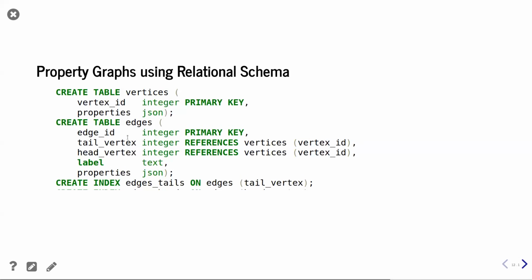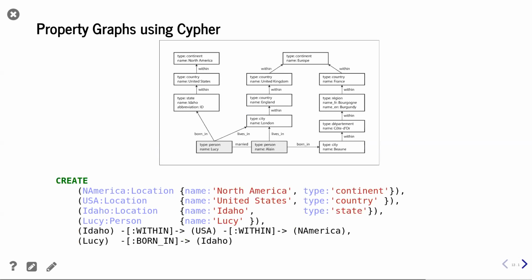So this is if we want to use a relational language like SQL for graph databases. But graph databases have evolved, and there are a lot of specialized languages for graphs, and one of them is Cypher.